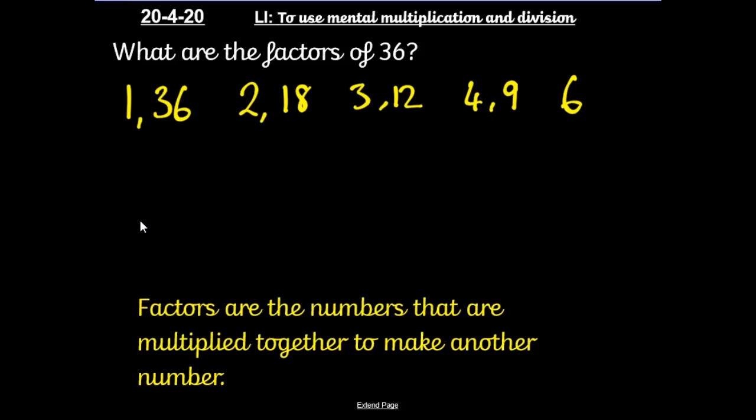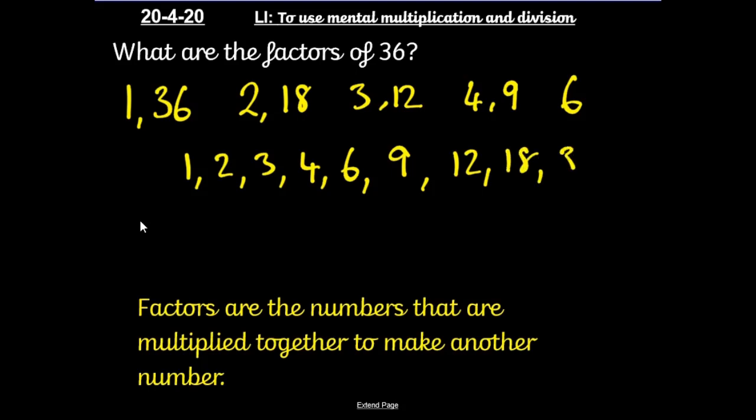If you wanted to be neat and tidy, you could rewrite them out and go 1, 2, 3, 4, no 5, of course, 6, 9, 12, 18, and 36. Okay, so they are the factors of 36. Why is this helpful, I may ask?